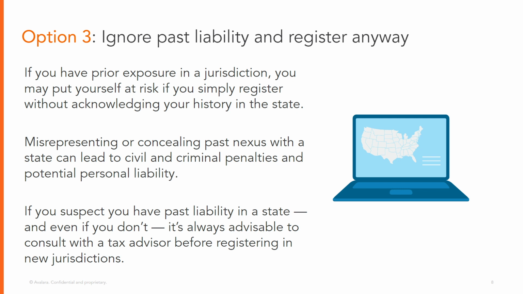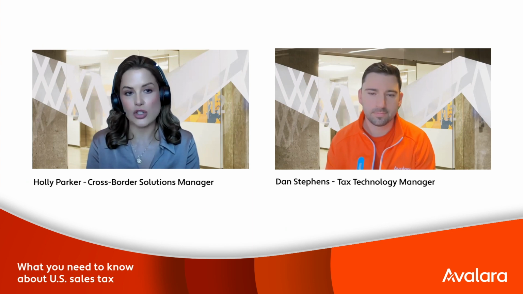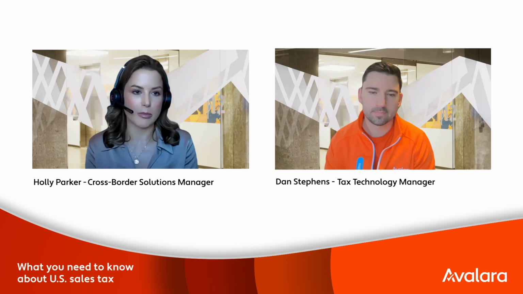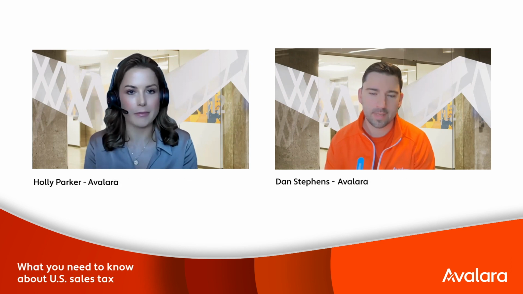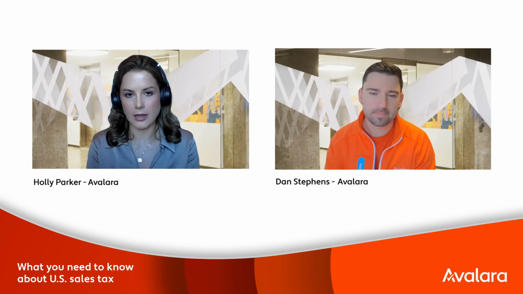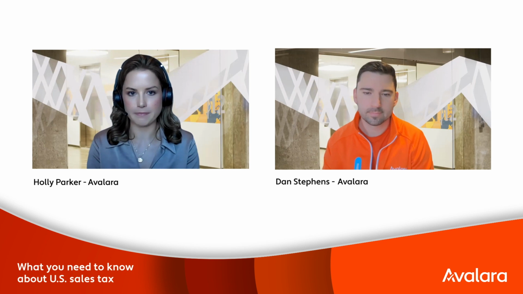And if you do, then there is that historic piece that's going to need to be addressed. So ignoring and registering and looking at the future only is a risk. And it's not what we would necessarily suggest as a sensible option, especially if there is considerable liability.